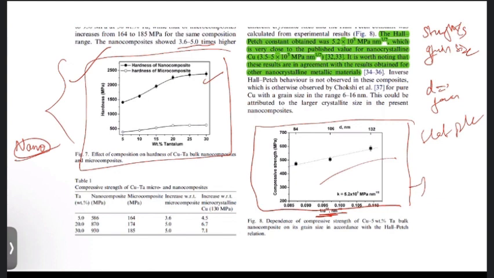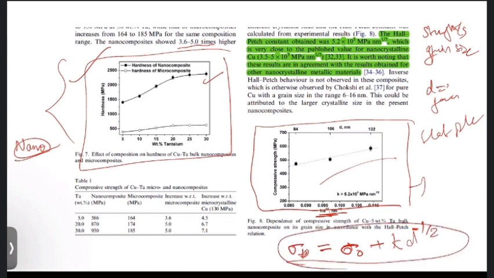And they have given all the numbers. What equation does it depend upon? Yield strength equals a constant plus slope times the crystallite size term. This is the equation it depends upon. Okay.